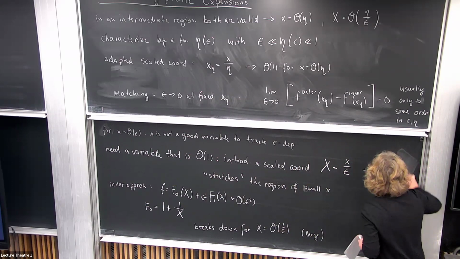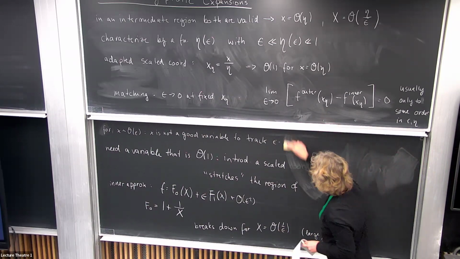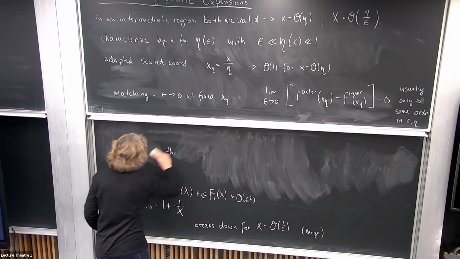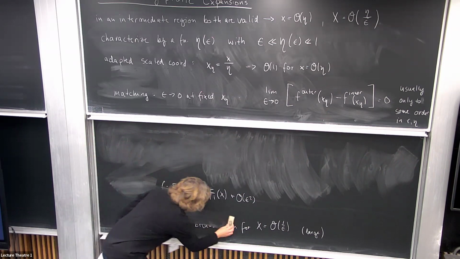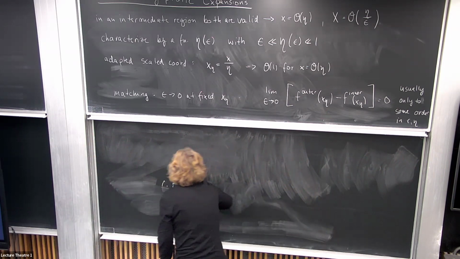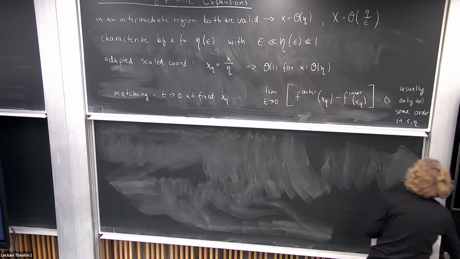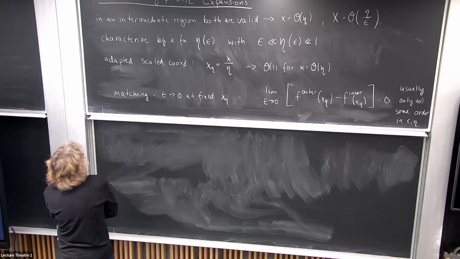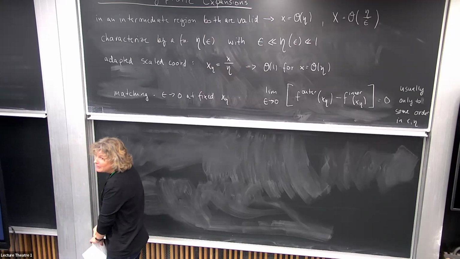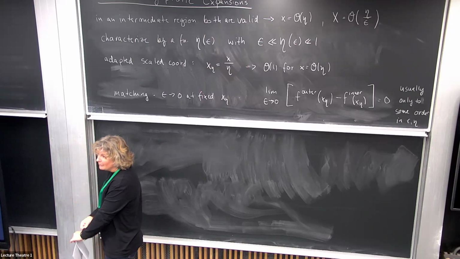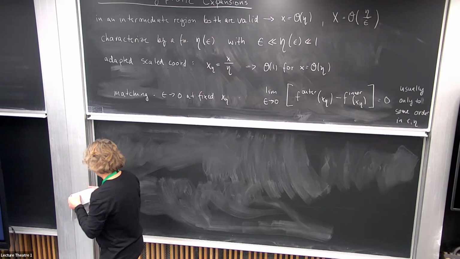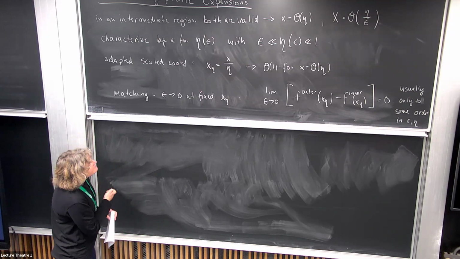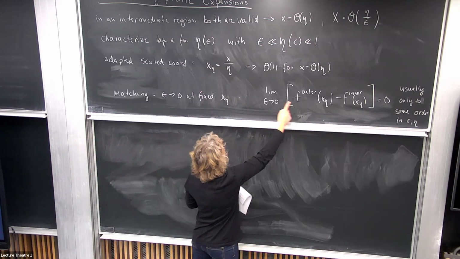Okay, so finally, let's implement this. This is a formal condition. Now let's see how it works in our example. As I said, we're being a bit sloppy here because we only worked out F0, and in principle we should also have higher order terms to make sure they don't spoil the matching. But here it turns out it actually works. So let's express our outer solution in terms of x eta.